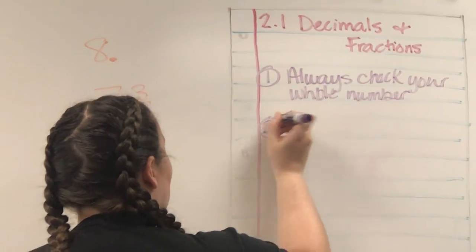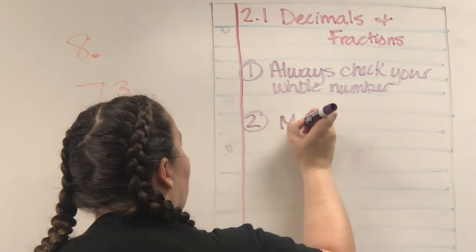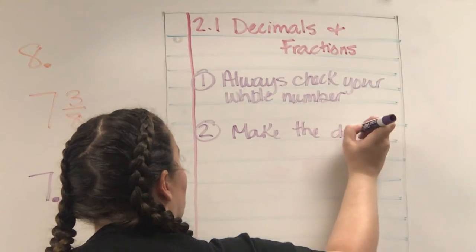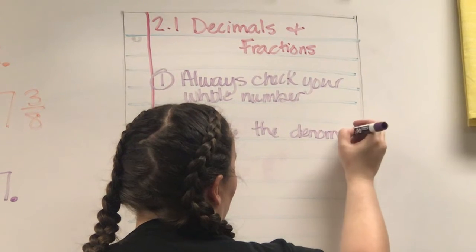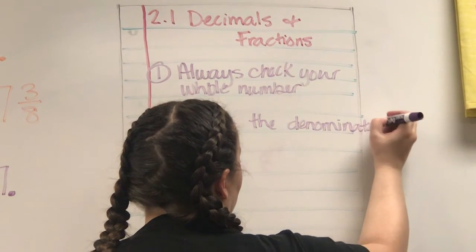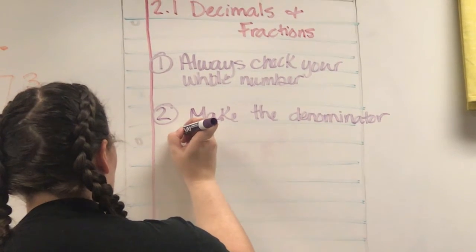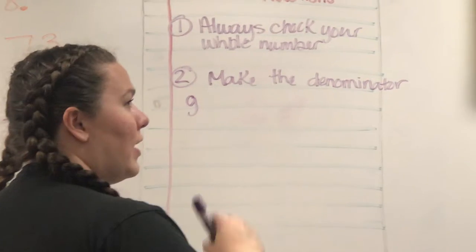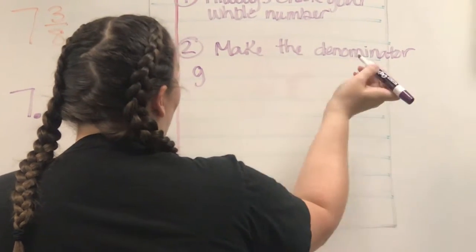Okay, second rule. Make the denominator whatever. I always say get along with. Find a number that they get along with, or can turn into.